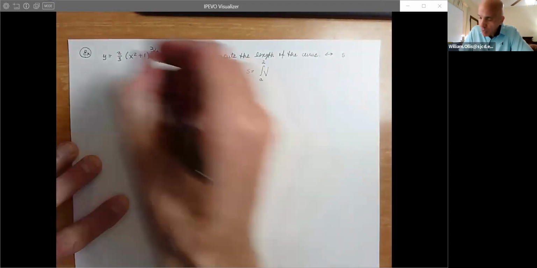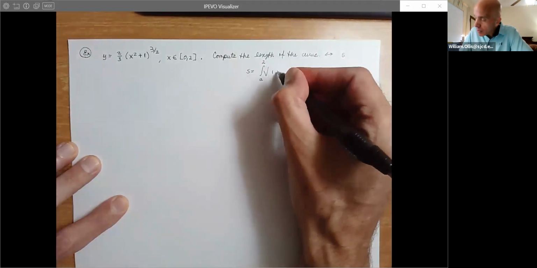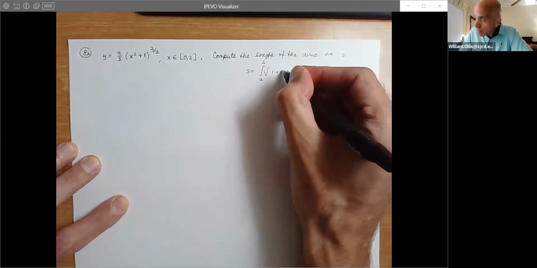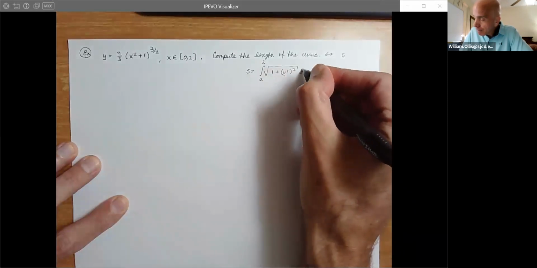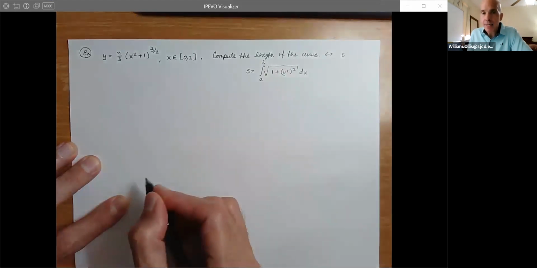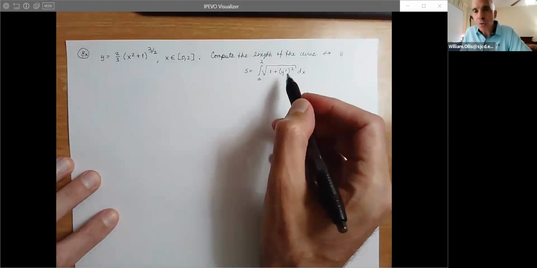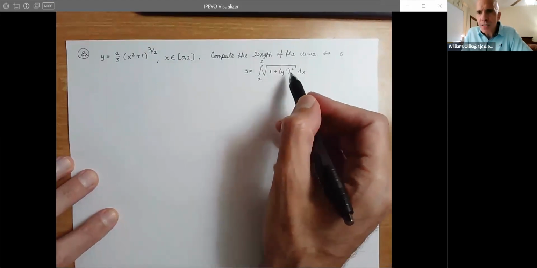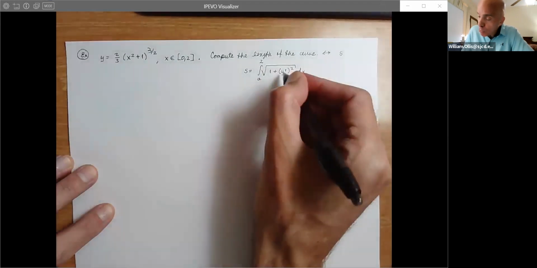You can call that f of x if you like. The square root of 1 plus y prime, quantity squared, dx. And so now, just like the quadratic formula, don't do all of this under the integral sign, do all of this to the side. So let's go ahead and do the bookwork here.